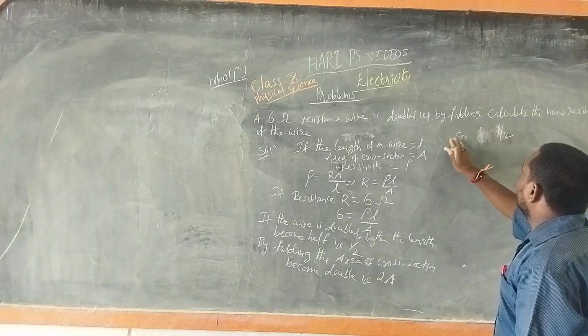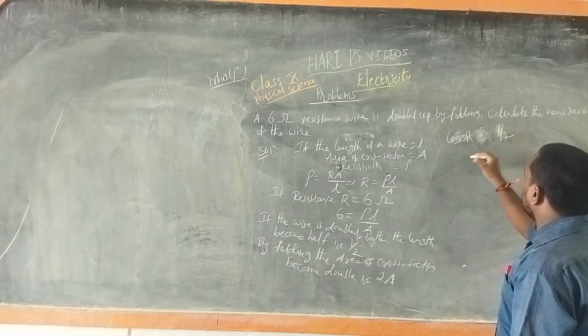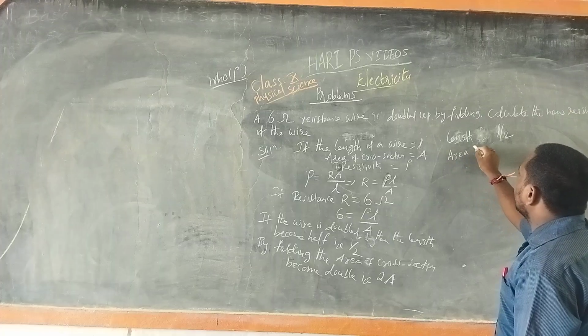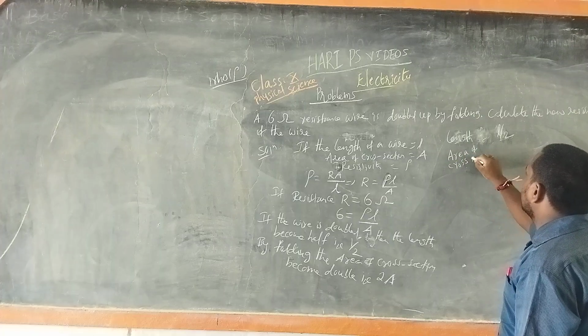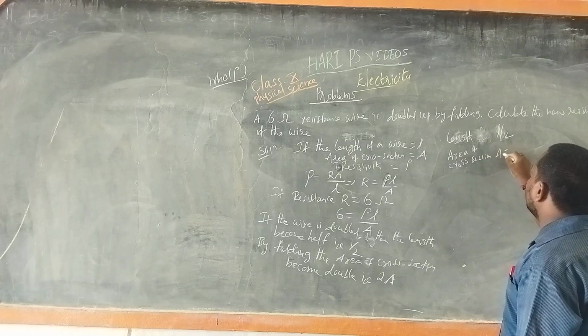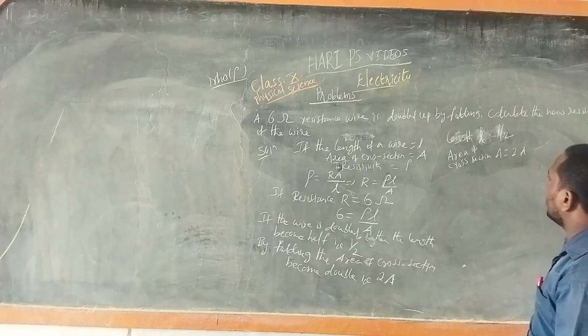The length is L by 2, and the area of cross section A becomes 2A.